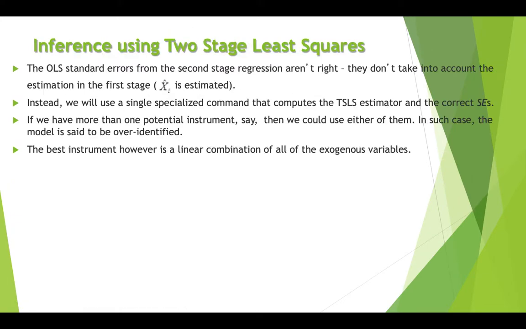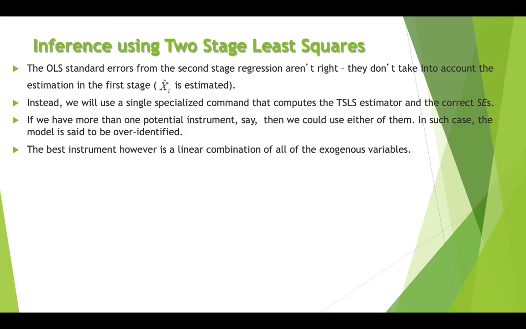Now, the standard errors in the second stage regression equation are not correct because they are biased. In this case we used x1i hat in place of x1i. We actually took only that portion of the variability of xi which is described by zi.